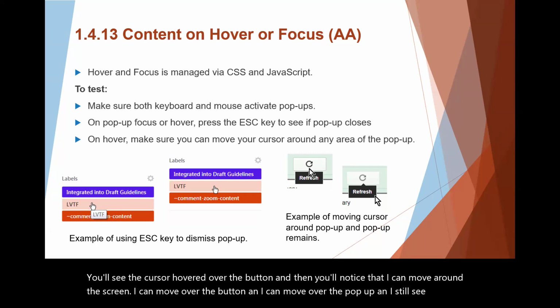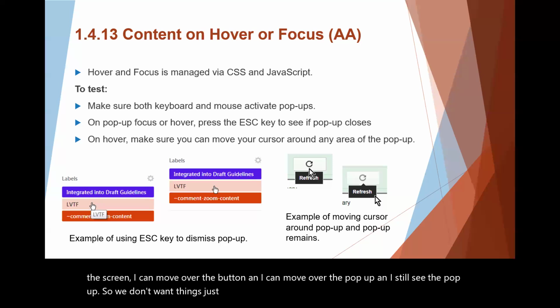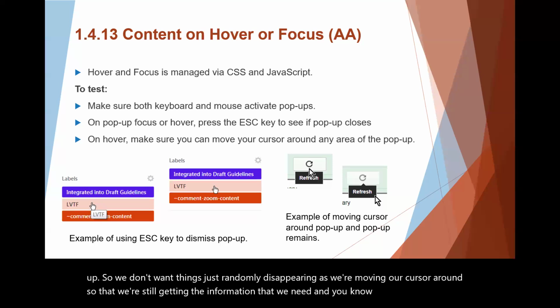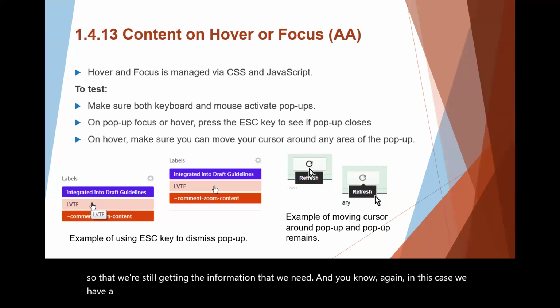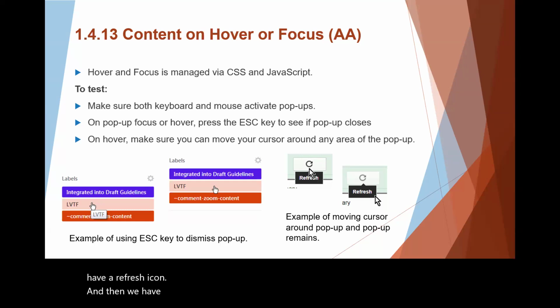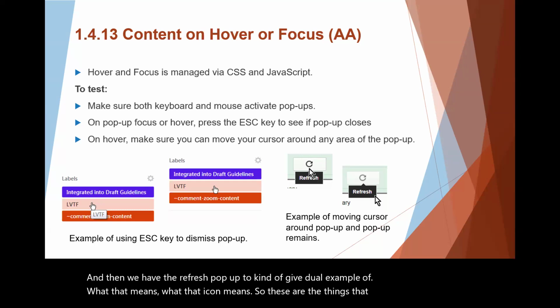We don't want things randomly disappearing as we're moving our cursor around, so that we're still getting the information that we need. Again, we have a refresh icon and the refresh pop-up, to give a dual example of what that icon means. So these are the things that are affected by content on hover or focus.